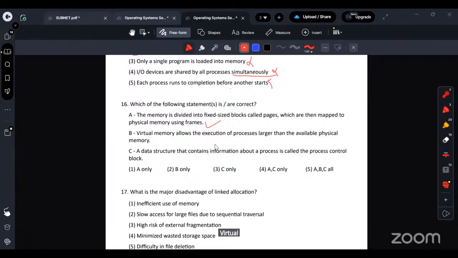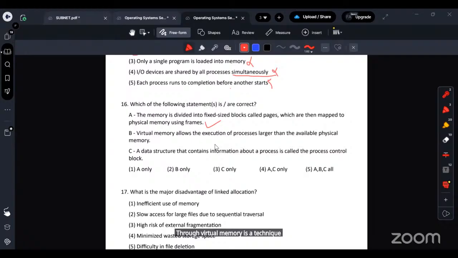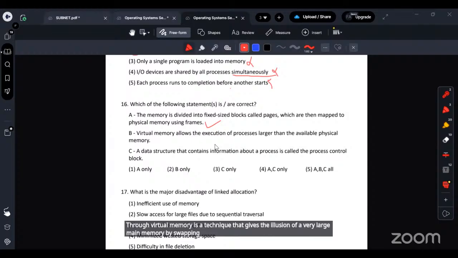Virtual memory allows the execution of processes larger than the available physical memory. True, virtual memory is a technique that gives the illusion of a very large main memory by swapping pieces of programs in and out of the physical RAM as needed. So that is also true.